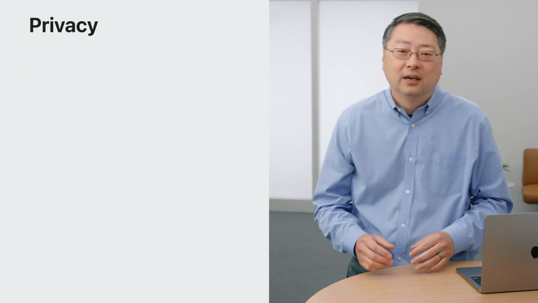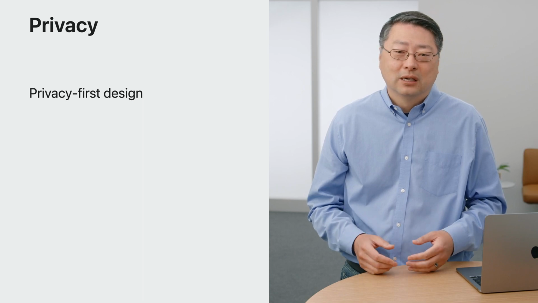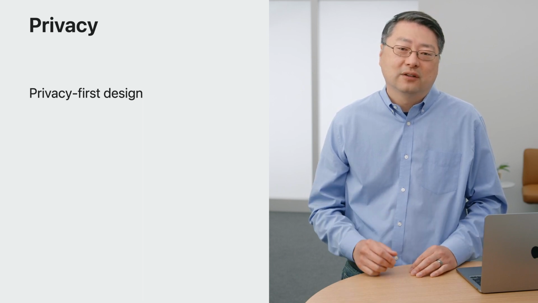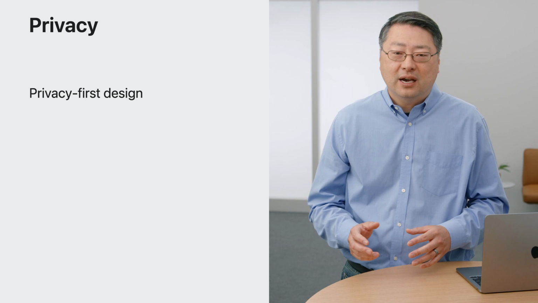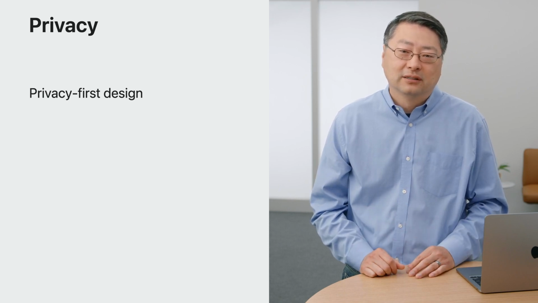Given that the device has a lot of intimate knowledge of the surroundings and people, we put a lot of architecture in place to protect people's privacy. Let's dive into that. Privacy is a core principle for guiding the design of this platform, while making it easy for you as a developer to leverage APIs to take advantage of the many capabilities of the device.